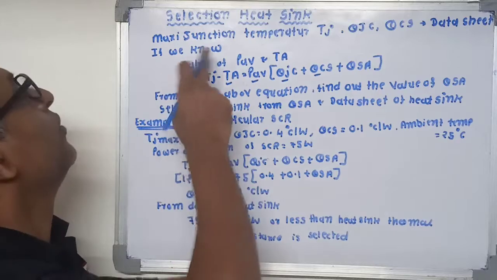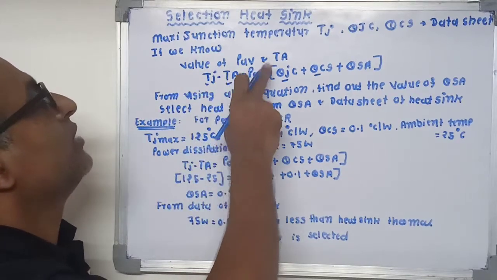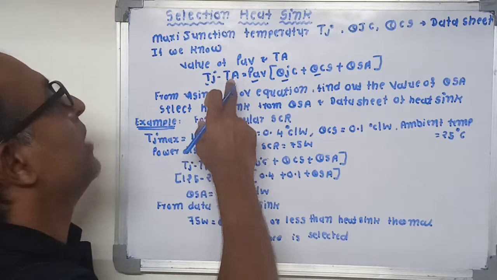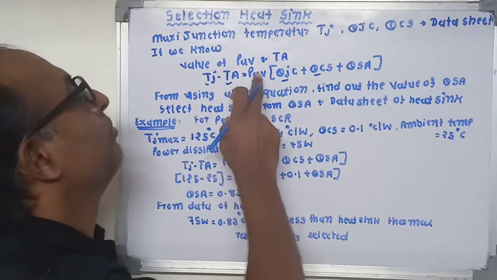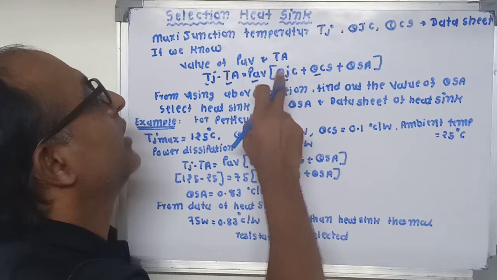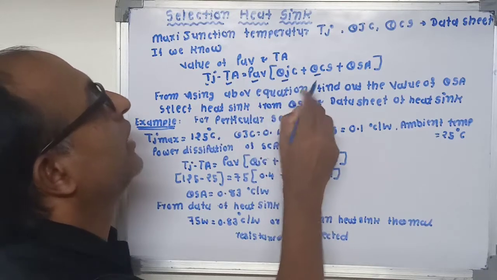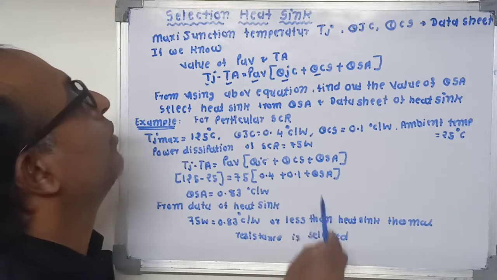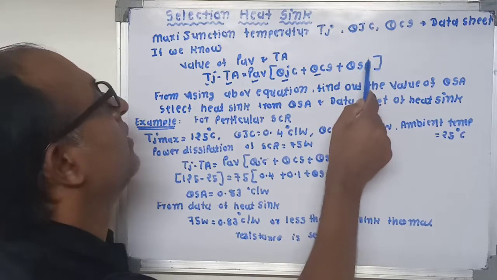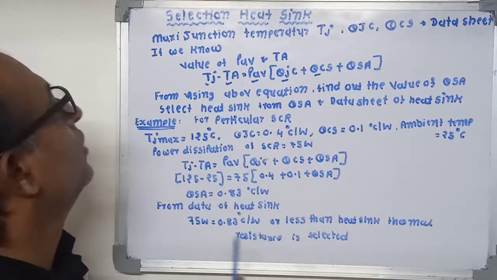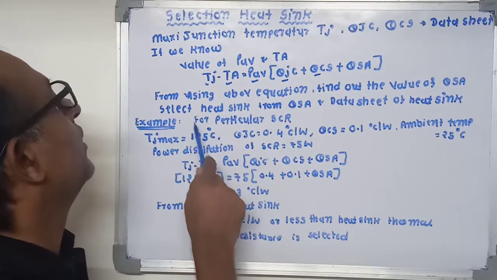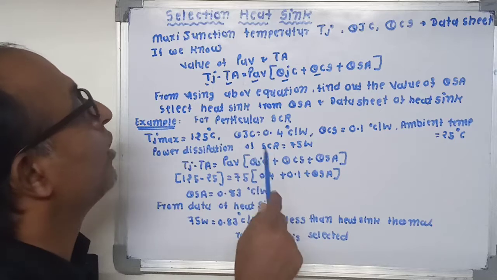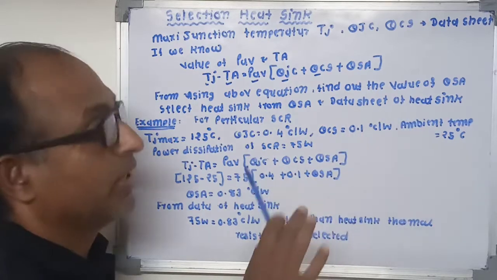Now, if we know the value of P average and Ta, by using this equation, Tj minus Ta is equal to Pav times (theta Jc plus theta Cs plus theta Sa), we can find the value of theta Sa. This value is used to select the heat sink by comparing with the data sheet of the heat sink.